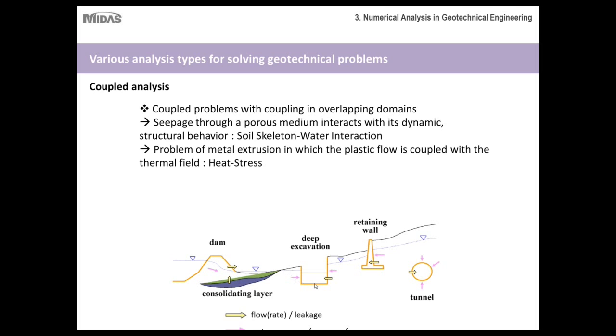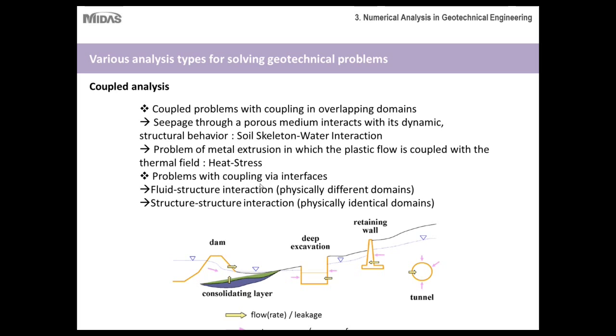The same principle applies to deep excavations. You need to run an analysis for the stability of your supports or the ground in general, as well as how the pore water pressure would affect that. Same with retaining walls and tunnels that are exposed to groundwater. We'll go more into detail about coupled analysis, but just keep in mind that it's very effective for seepage type problems where a structural design needs to be taken into account for the pore water pressure of the water.